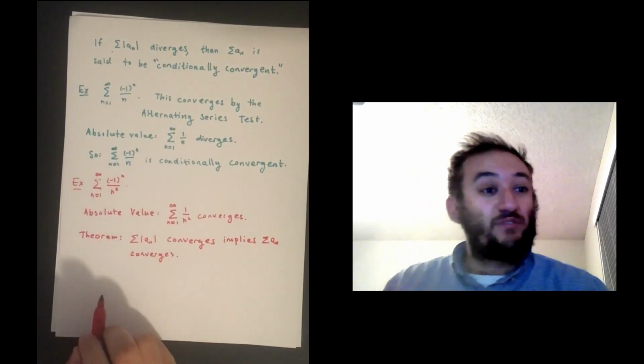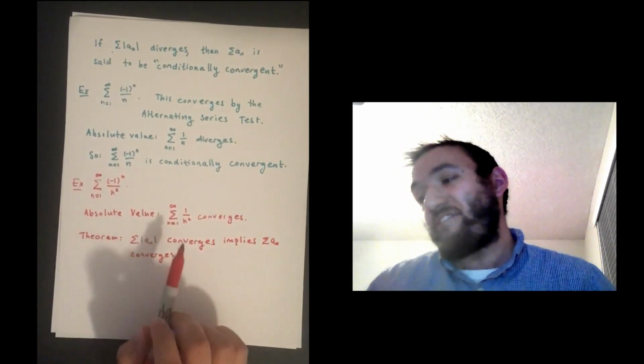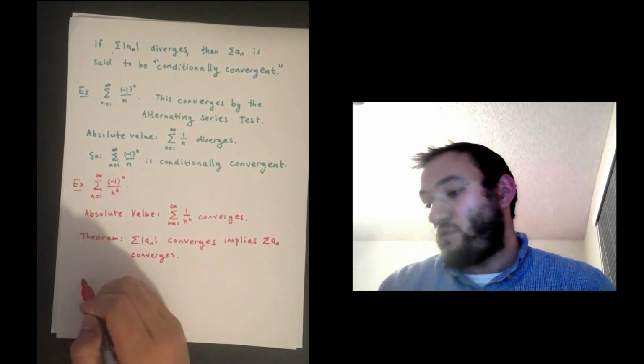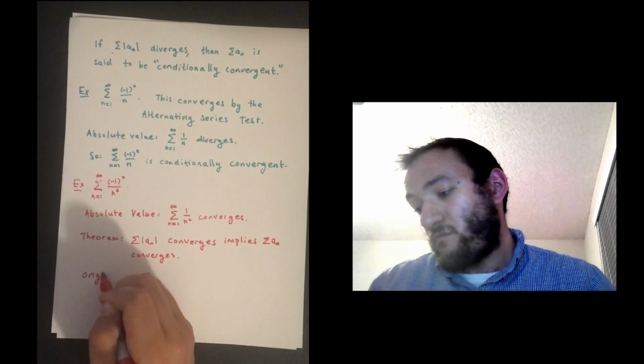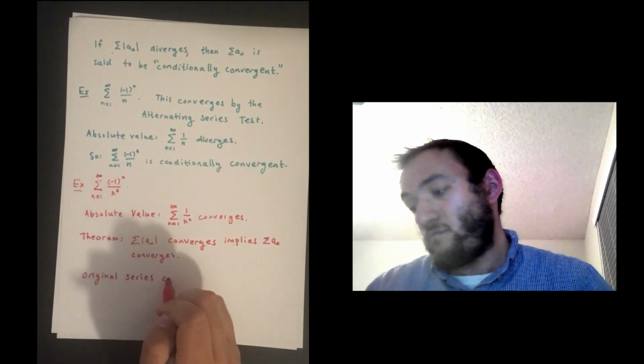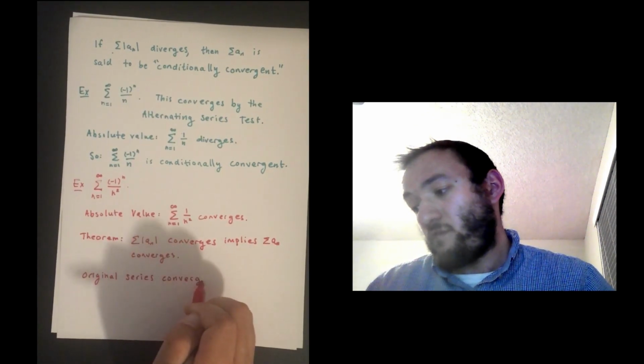So I don't even have to apply the alternating series test. I can just say, well, the absolute values converge, so the original series converges as well. Converges absolutely.